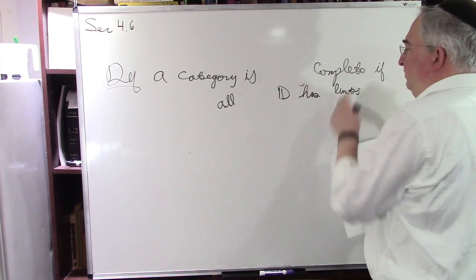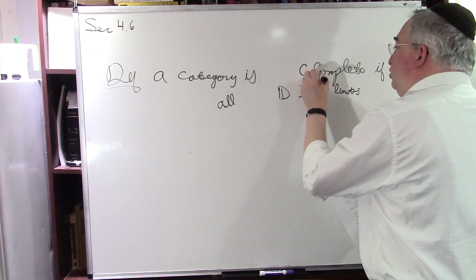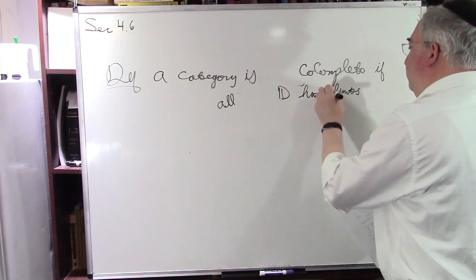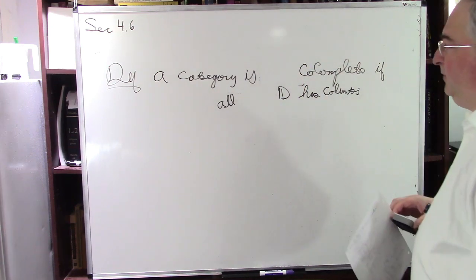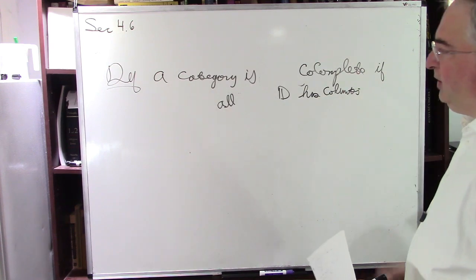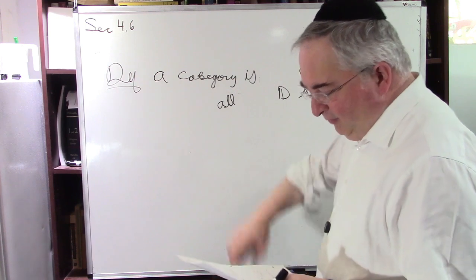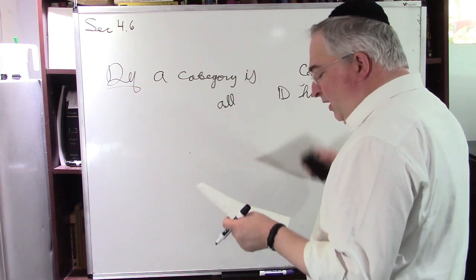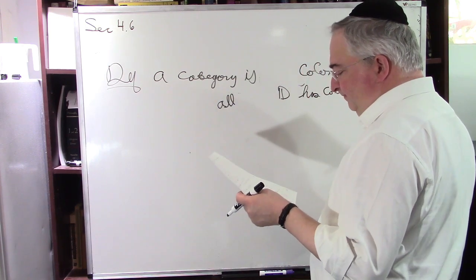Okay, so we could talk about complete, and then of course we could talk about co-complete with colimits. A category is co-complete if all D has colimits, for any shape diagram whatsoever. So we have finitely complete, finitely co-complete, complete, and co-complete.